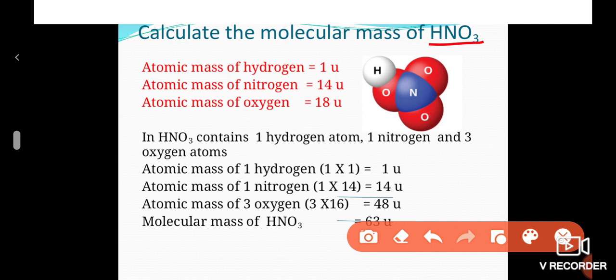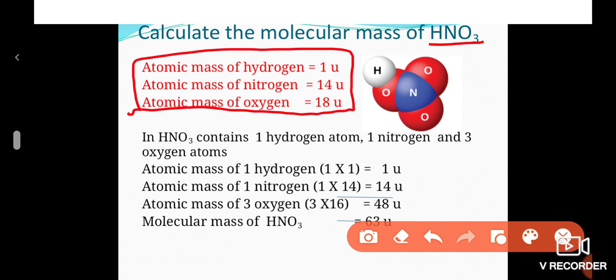First we need the mass of these types of atoms. By referring to the table we can get this mass. Atomic mass of hydrogen is 1 unit. Atomic mass of nitrogen is 14U. Atomic mass of oxygen is 16U. Students, you should remember these numbers, or otherwise refer to the table.